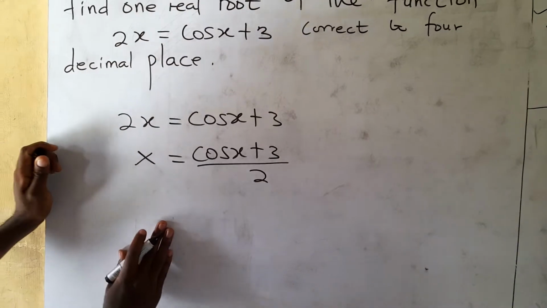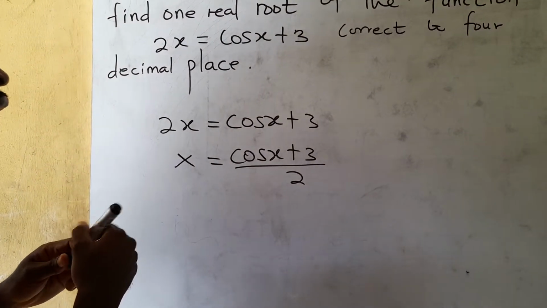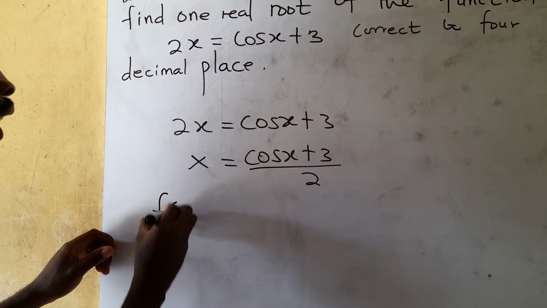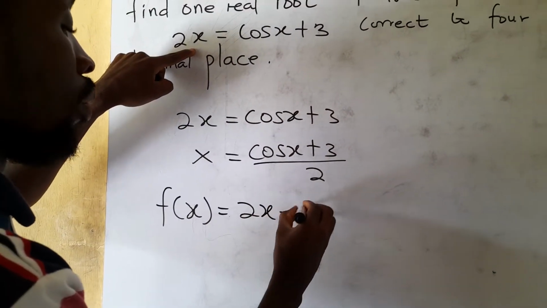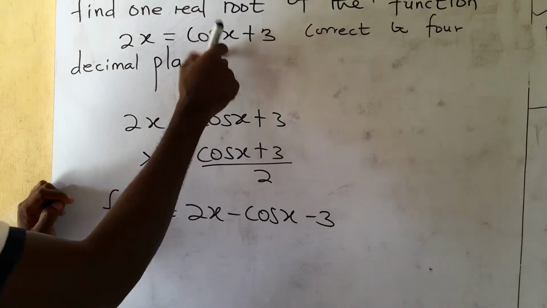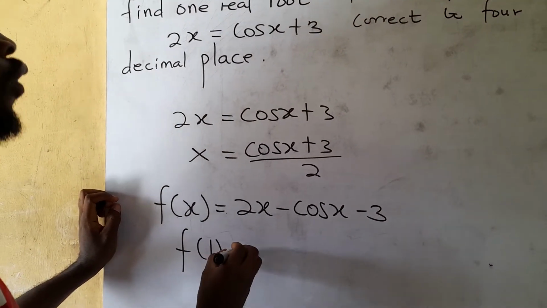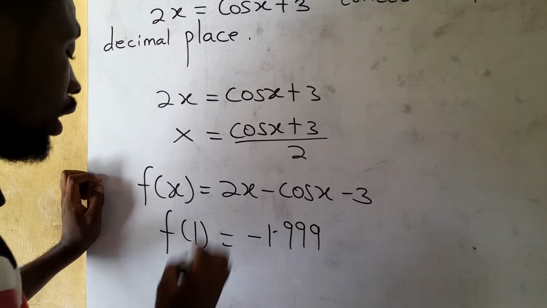So after we do that, we find our x naught. And remember, we can get the x naught from the location theorem. So a function f of x can be equal to 2x minus cos x minus 3. So if we find f of 1, it will give us negative 1.999.